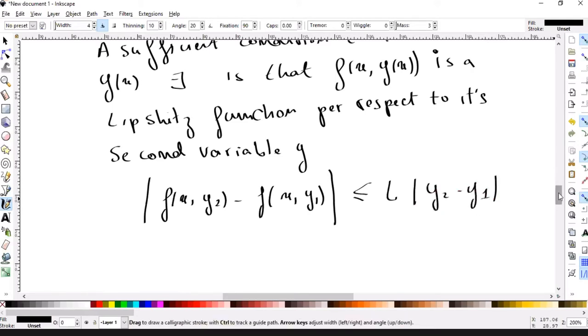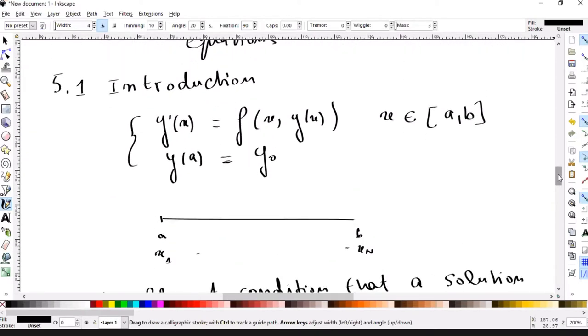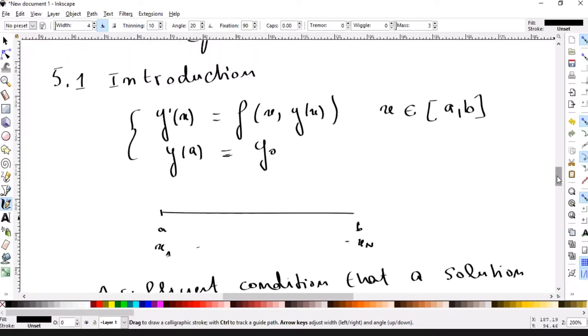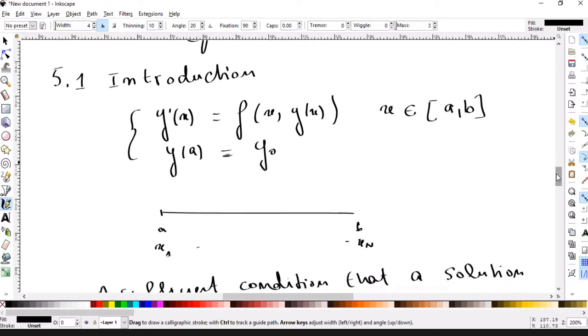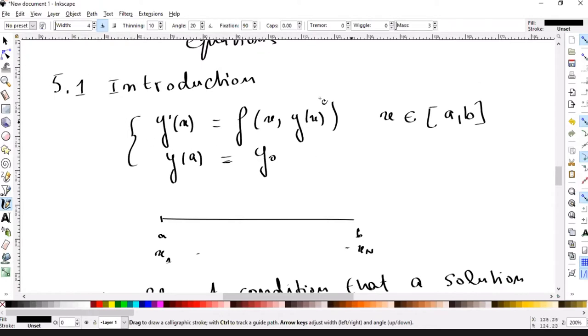But doctor, what are we doing here? No, I'm introducing what we want to do here. So the objective of this chapter is to solve a differential equation of this type: y prime of x is some function of x and y, and so that a solution exists for this problem.